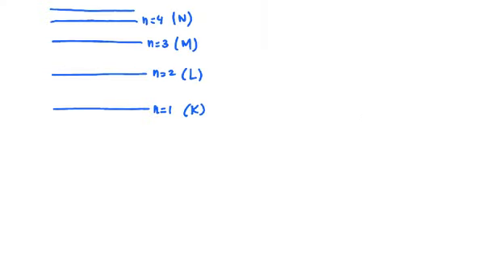Similarly, you can imagine if an electron is removed from the n equals 2 subshell, then transitions can take place from higher shells to the n equals 2 shell. It can be from n equals 5 to n equals 2, from n equals 4 to n equals 2, or n equals 3 to n equals 2.